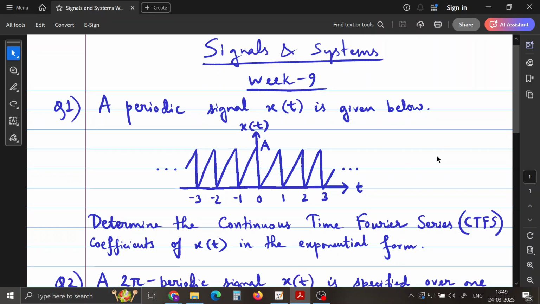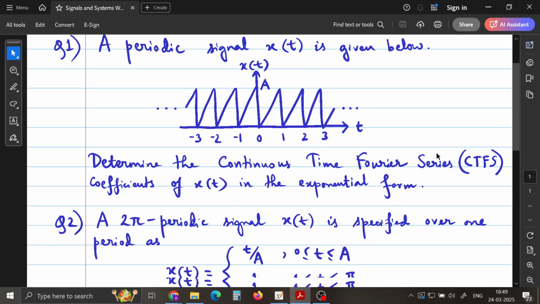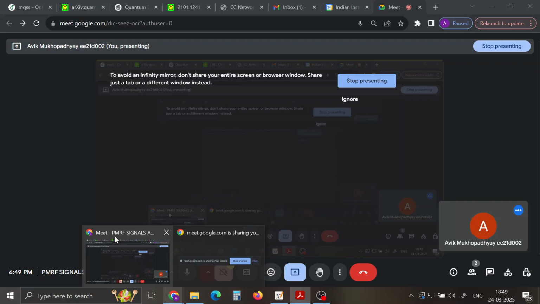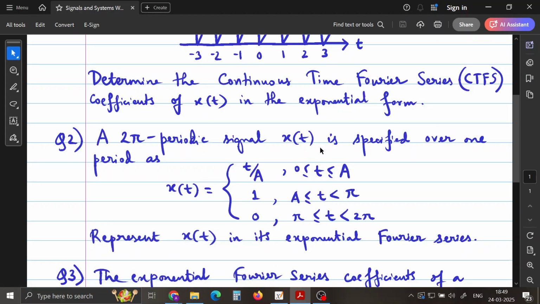Now moving to the second one. For the second question, it is mentioned that we have a 2 pi periodic signal x of t. So this signal x of t has a time period of 2 pi, and x of t is specified over one period, that is from 0 to 2 pi, as you can see.